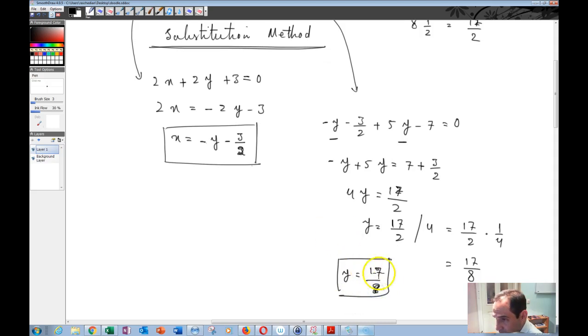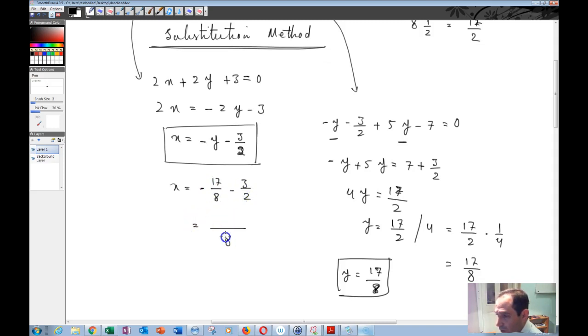And now that you know what your y is, you can substitute your y in any of these equations and then get the value of x. So here, for example, you know that x is equal to negative y minus 3 halves, so negative 17 eighths minus 3 halves.